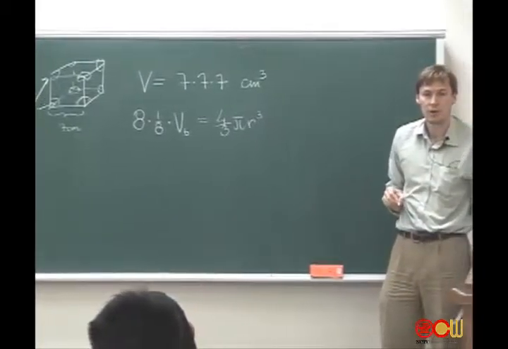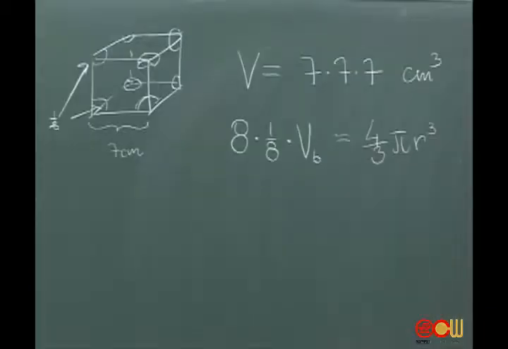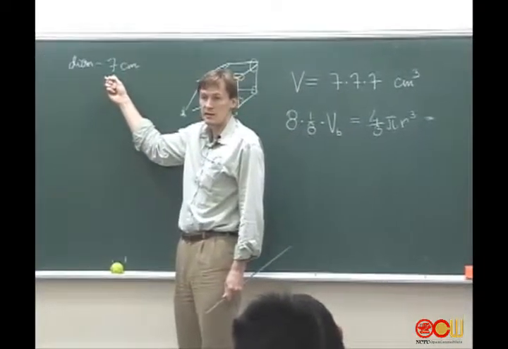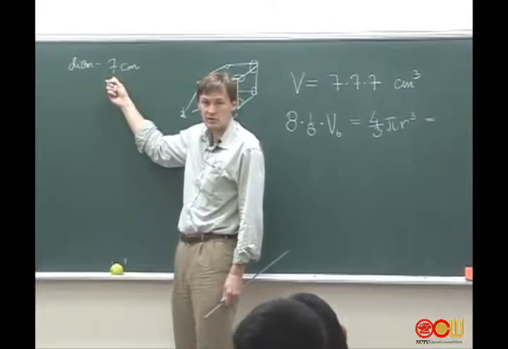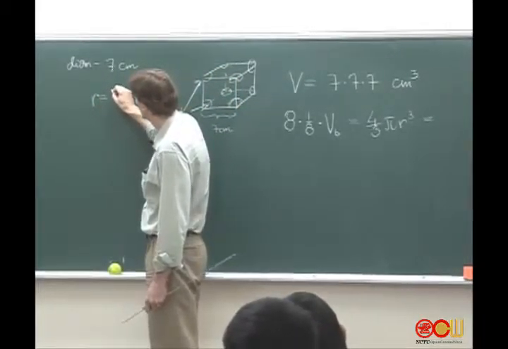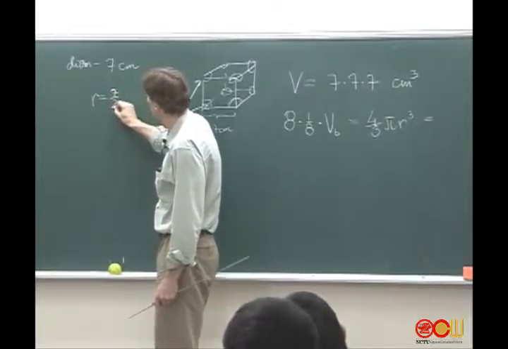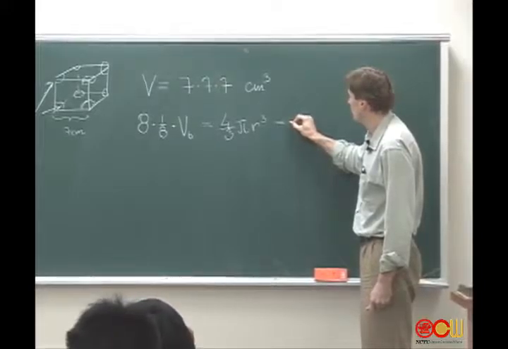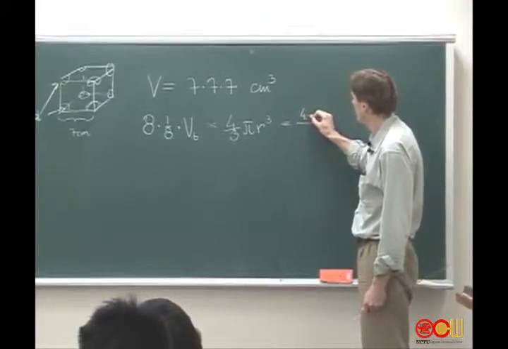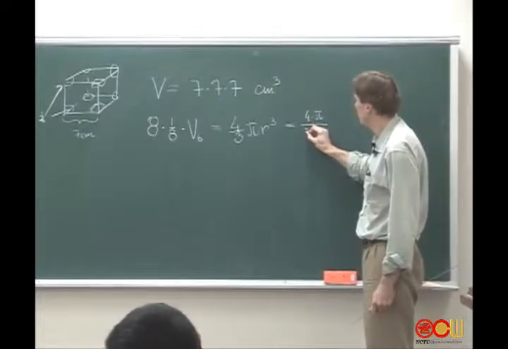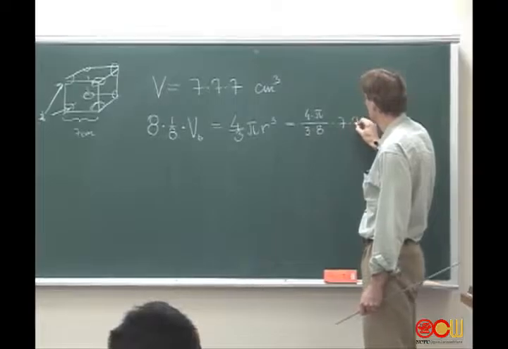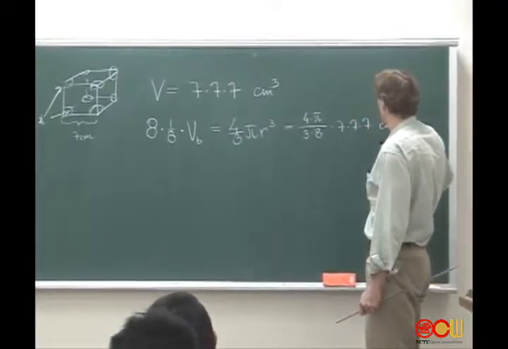This is the volume of the sphere. How much is it? We know that r is 1/2 of this, so r is equal to 7/2. I plug it in and I find that this is equal to 4 times pi divided by 3 times 8 times 7 times 7 times 7, right?